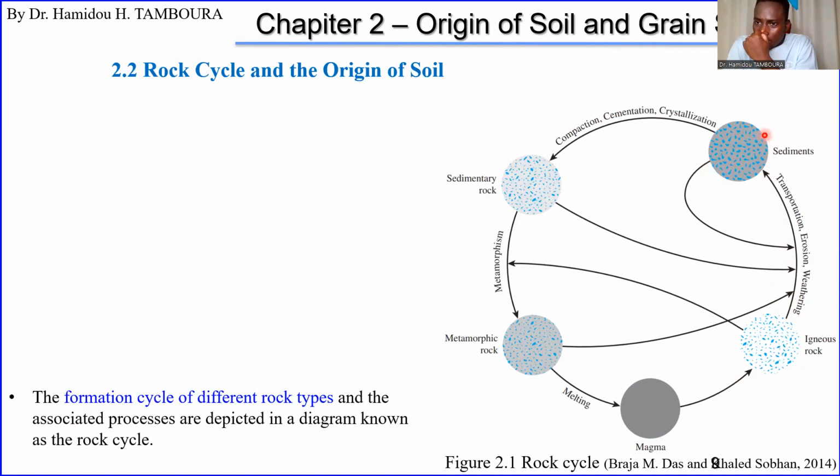And also we can do it backward, from sediment to rock. And also, this sediment can give another type of rock, this way, by compaction, cementation, and crystallization.